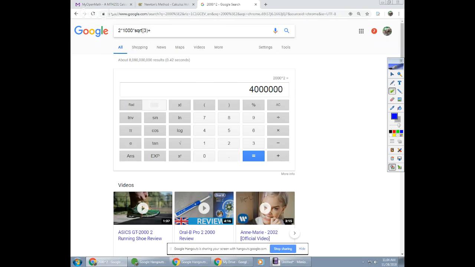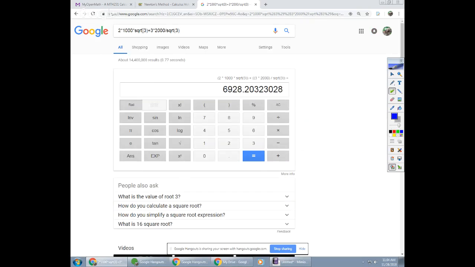And then there's 3 x's, and x was 2,000 over the square root of 3. Is that correct? Okay. So if I type that in right, then the least amount of fence we can use would be 6,928.2 feet. Is that the right answer, Rob? Yeah, that's exactly it. Okay.